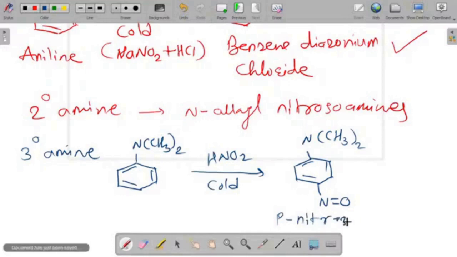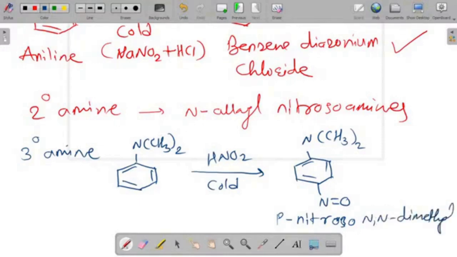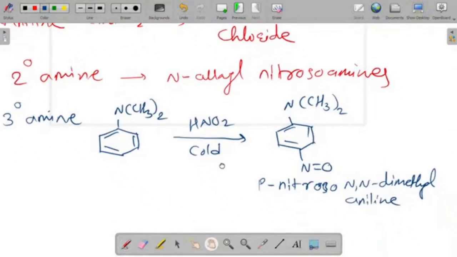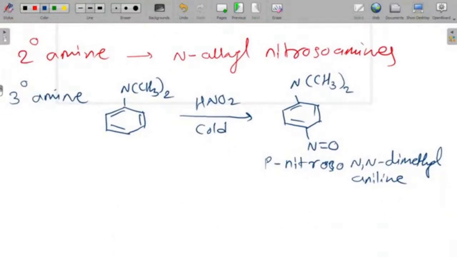This is para nitroso N,N dimethyl aniline. But if you see, the tertiary amines which are aliphatic produce the salt, but tertiary amines which are aromatic in nature produce the para substituted product.